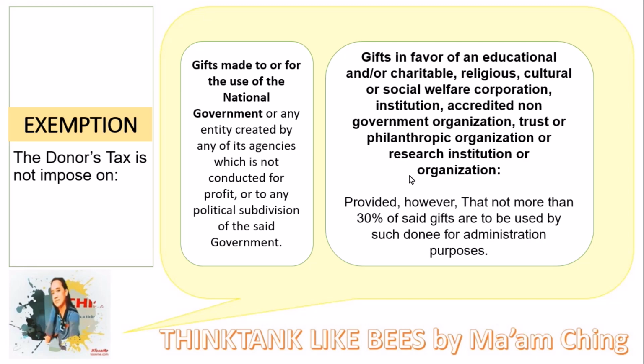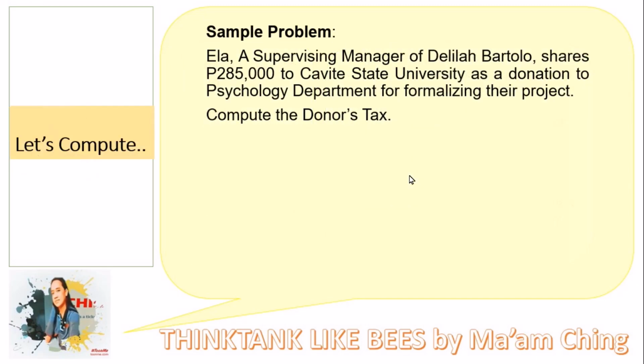Also exempt are gifts in favor of an educational, charitable, religious, cultural, or social welfare corporation, institution, accredited non-government organization, trust or philanthropic organization, or research institution or organization, provided, however, that not more than 30% of said gifts are used by such donee for administration purposes.